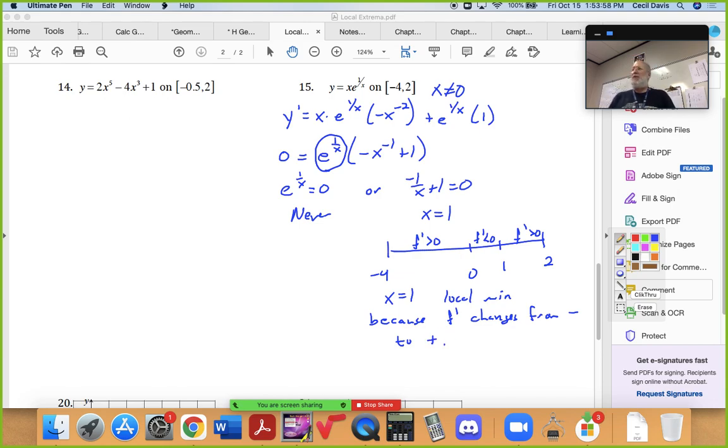And we know that it's a continuous function. But that was part of the setup for this.